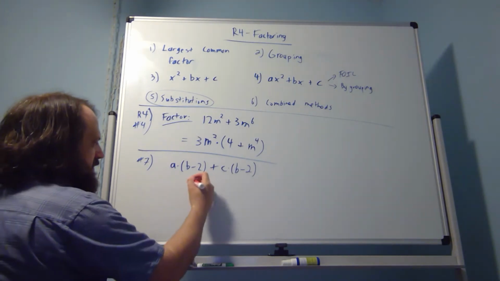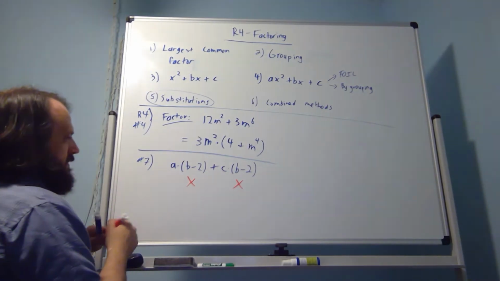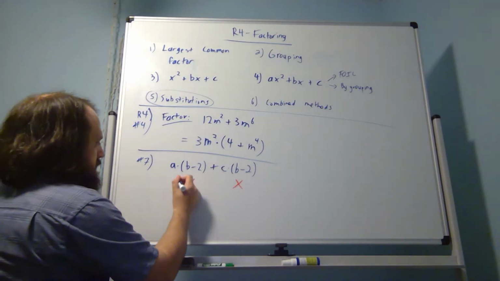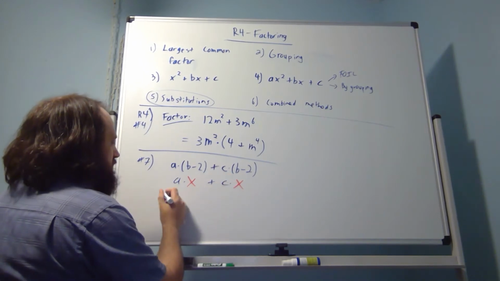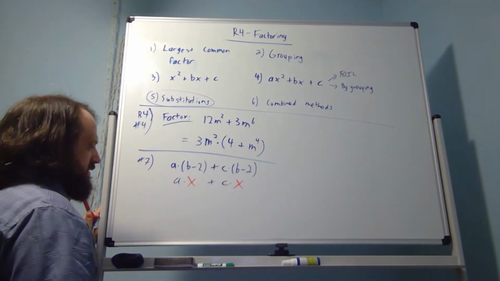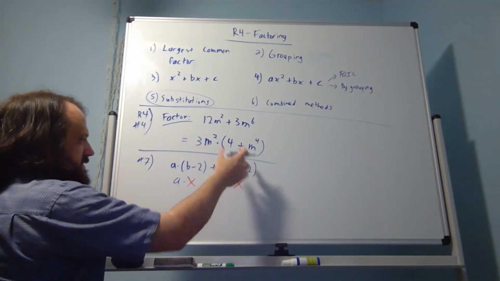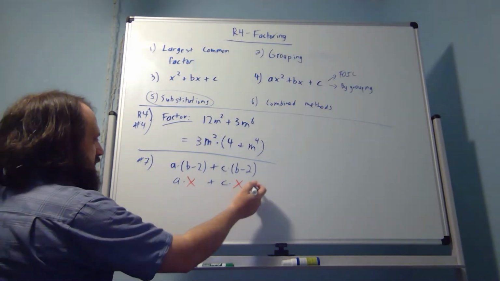So one way to think about it is that if this is capital X, well, if I have AX plus CX, then if I have 2 X's and 3 X's, then I've got 5X total. And that's somehow easier to see than when it's this whole noisy b minus 2 thing.